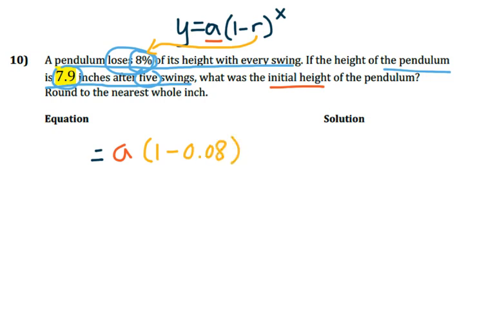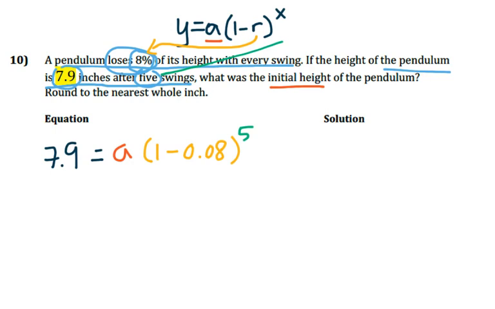And then x, that's the time, 5 swings, so we're going to put an exponent of 5. And we know after those 5 swings the height of the pendulum is 7.9 inches, so we can put that in for y in our equation. And now we can solve this equation.